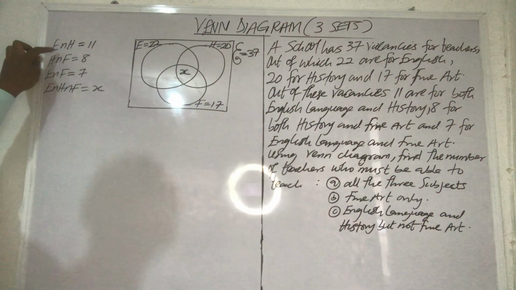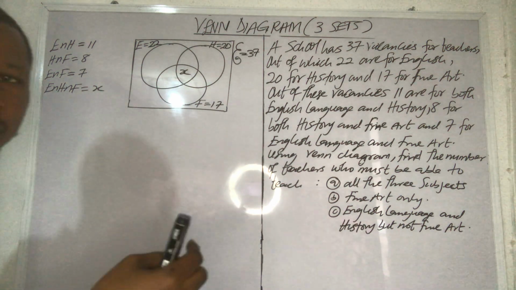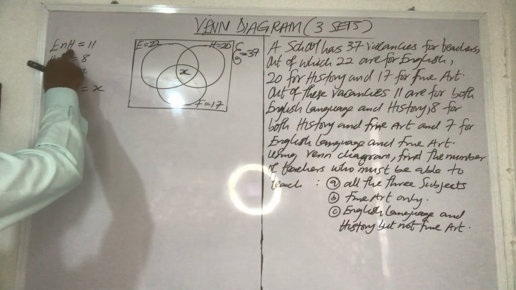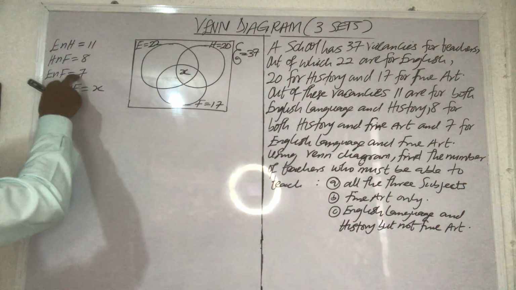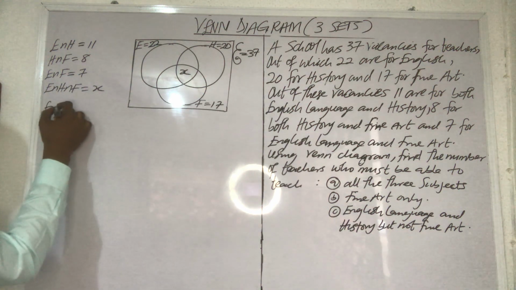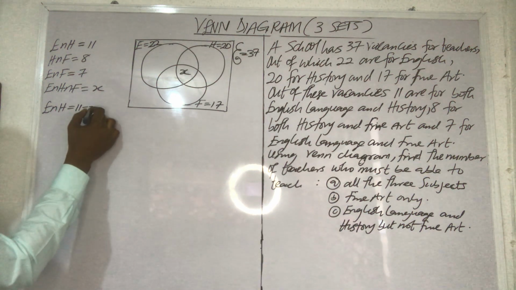Now, I'll find the only of all these two sets first. That is the number of candidates that can teach English and history only, history and fine arts only, English and fine arts only.